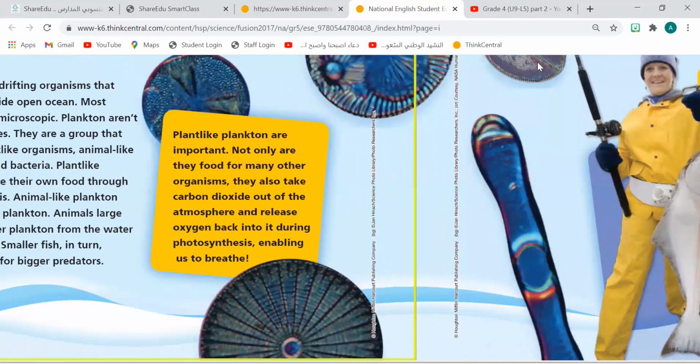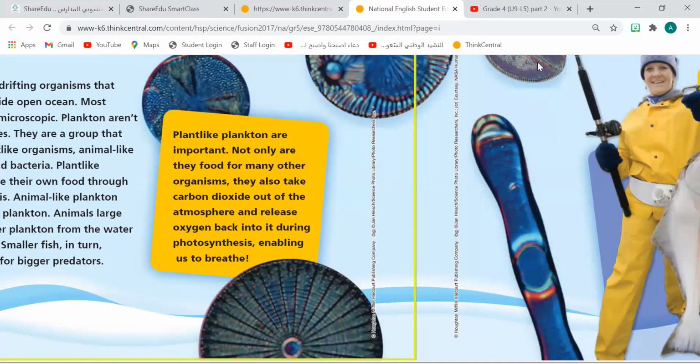So plant-like plankton are important. Not only are they food for many other organisms, they also take carbon dioxide out of the atmosphere and release oxygen back into it during photosynthesis, enabling us to breathe. So they are very helpful.